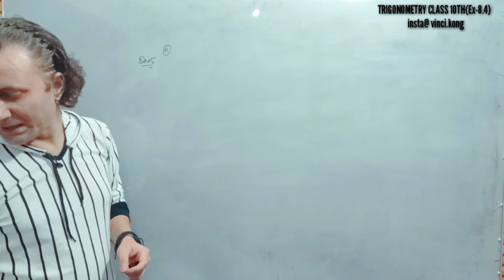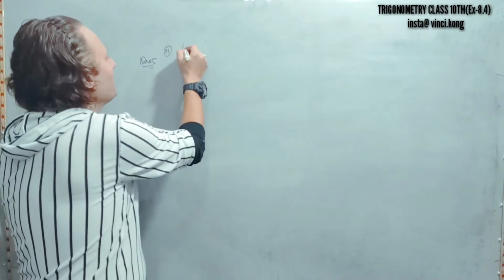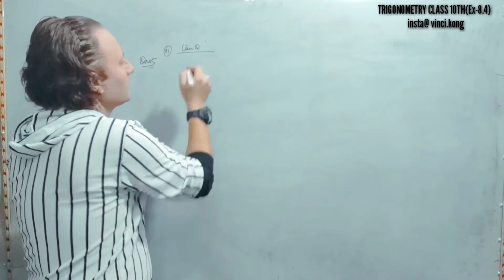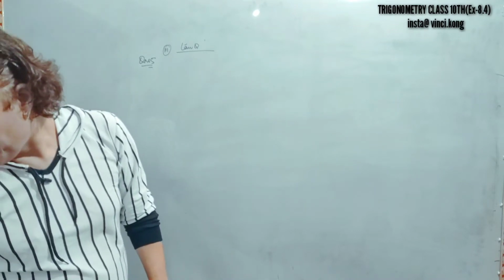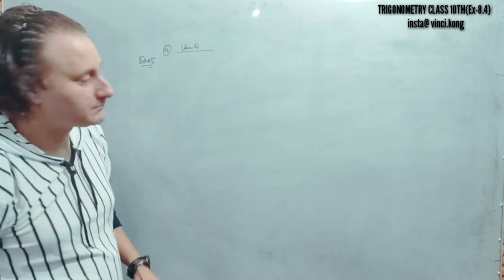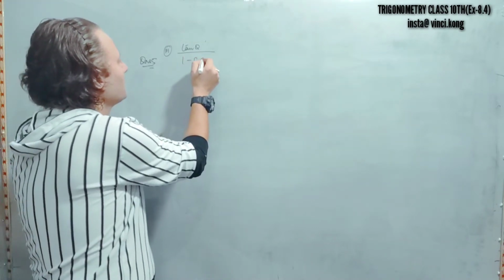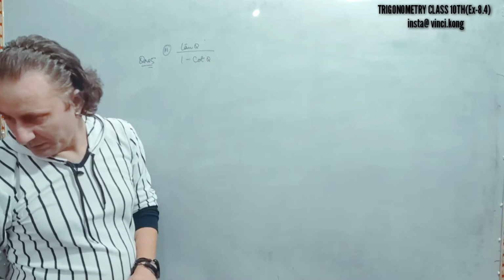Now the part number 3 says tan theta divided by 1 minus cot theta. Now what do I have?